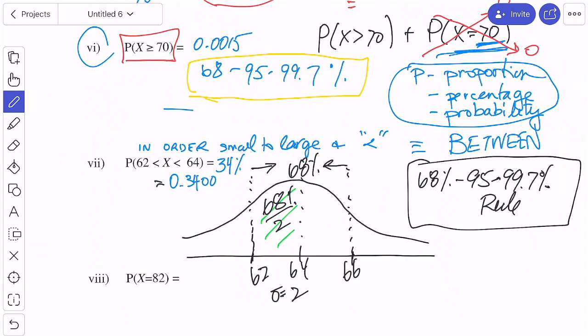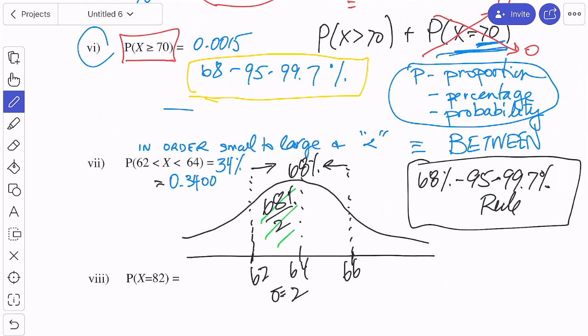Questions? If you feel like you're behind or you didn't see this, just watch the first few videos where I cover this. This is everything before I get into introducing the standard normal distribution.